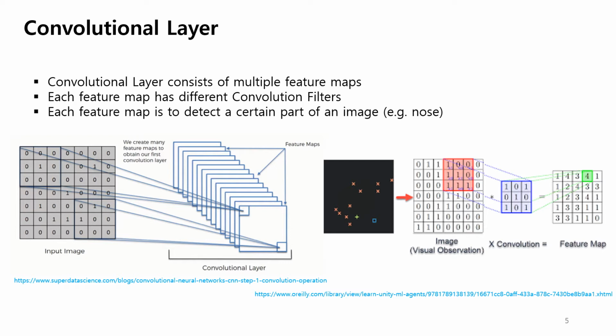And for the nodes in one particular feature map, their weight values are the same. Within the same feature map their weights are the same, but in different feature maps their weights are different. So that's the structure of a convolution layer.